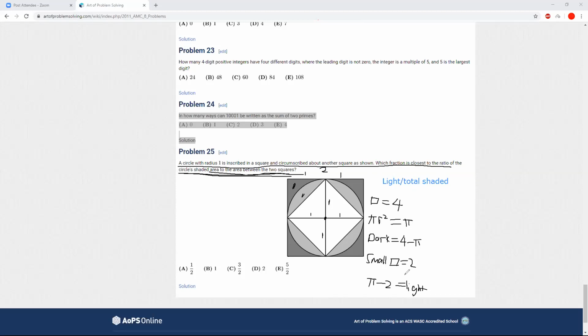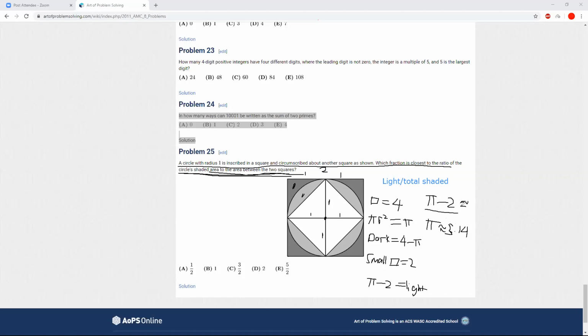So the light region is just pi minus 2. Oh, what happened when you click edit? Yeah, it's a wiki, so you can edit solutions and stuff. So basically, you have to memorize pi to be approximately 3.14. So pi minus 2 is about 1.14.